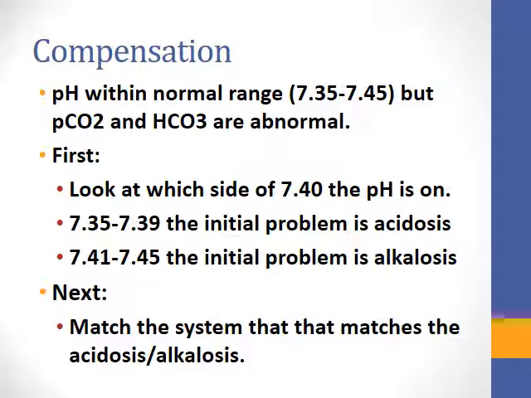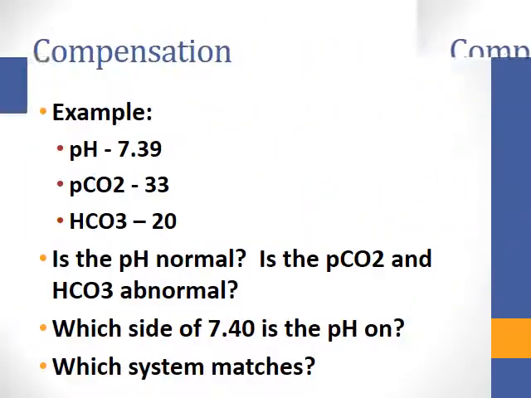The next thing that we have to do is match the system that matches the acidosis or the alkalosis. So I want you to look at this slide on compensation. Take out a little scratch piece of paper and a pen and write this down as you go through the example. And the first thing that you need to ask yourself is the pH normal? Yes or no? Is the PCO2 and the bicarb abnormal? And you need to answer that to yourself.